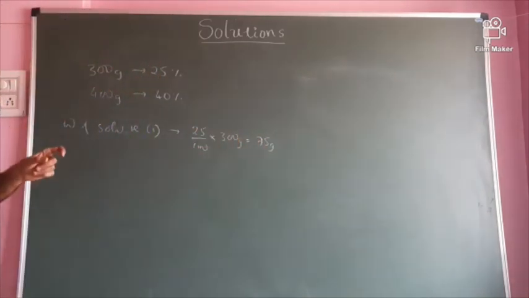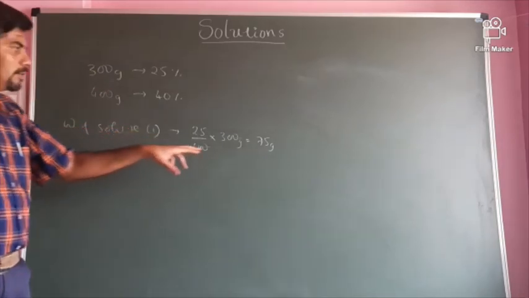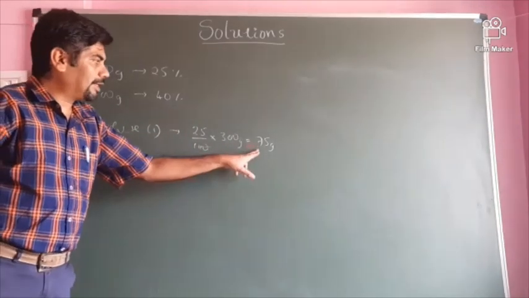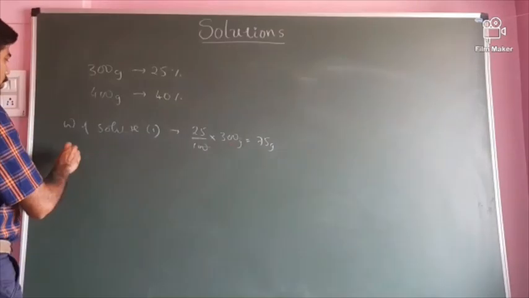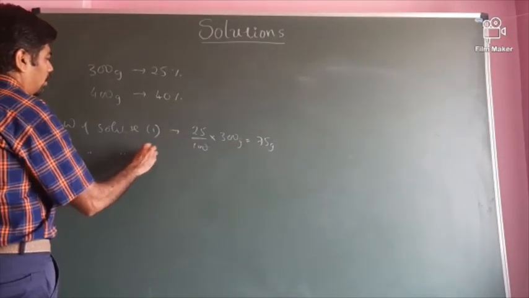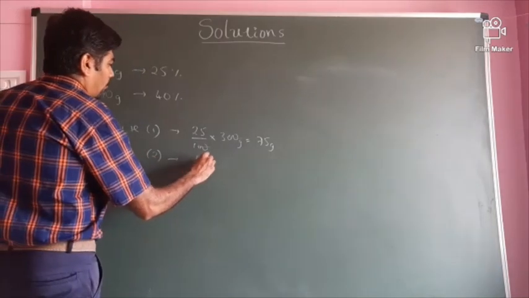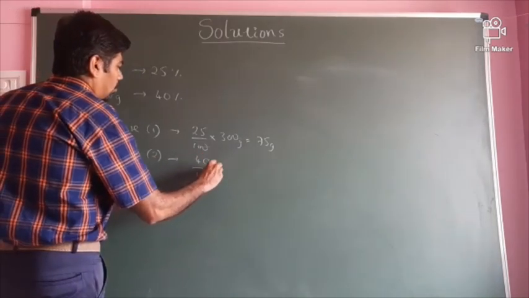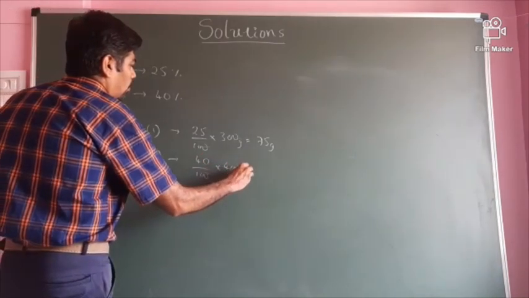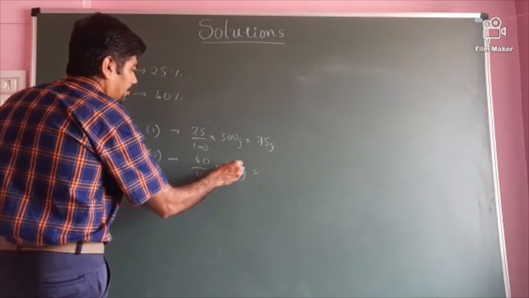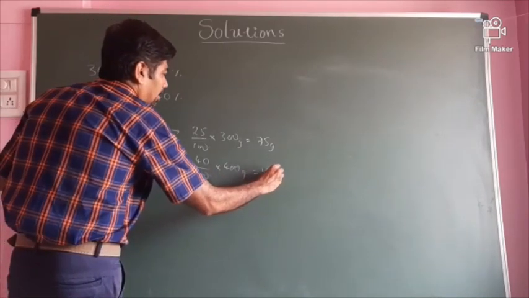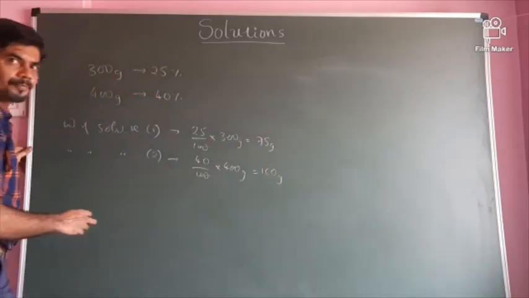It's simply the solute in the first solution, it weighs 75 grams. Now similarly, weight of solute in the second solution is 40% of 400 grams. So that is 160 grams.